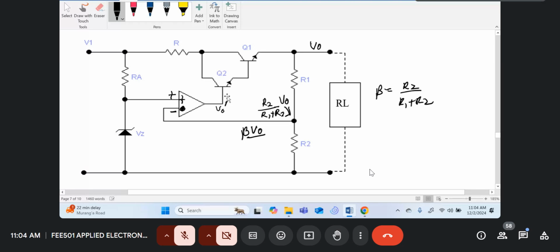If this has a gain of AD, the difference gain is AD. This side is Vz, this side is beta V naught, and therefore V naught dash will be equal to Vz minus beta V naught, all in brackets, times AD. So that's how I get my first equation.